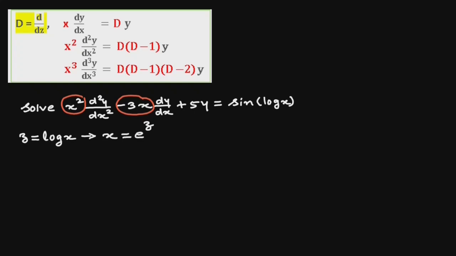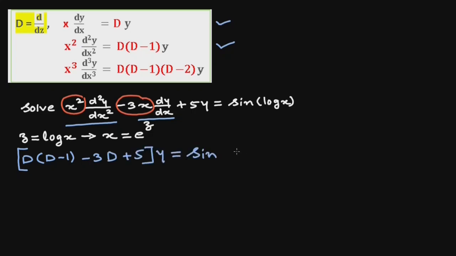This allows us to substitute for x square d2y by dx square, D into (D minus 1), minus 3 for x dy by dx, D, plus 5y equals sin z. This will be D square minus D minus 3D plus 5y equals sin z.